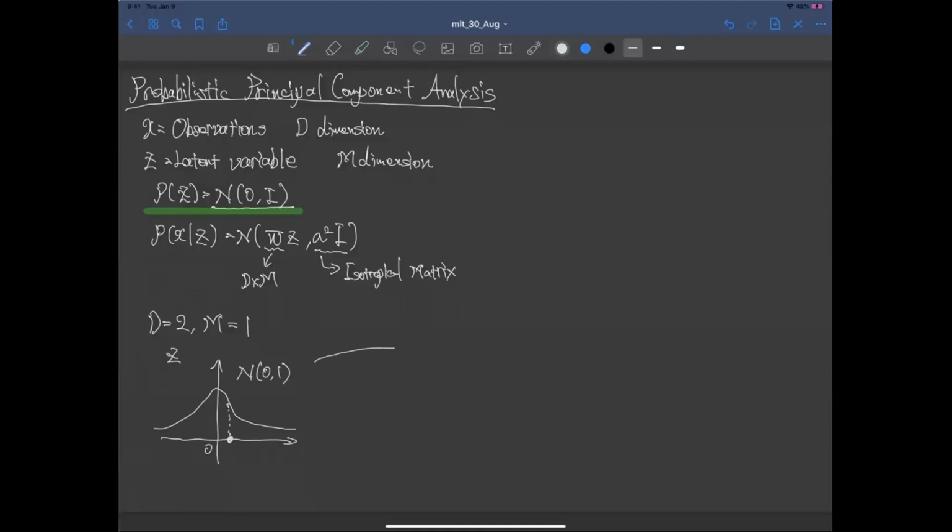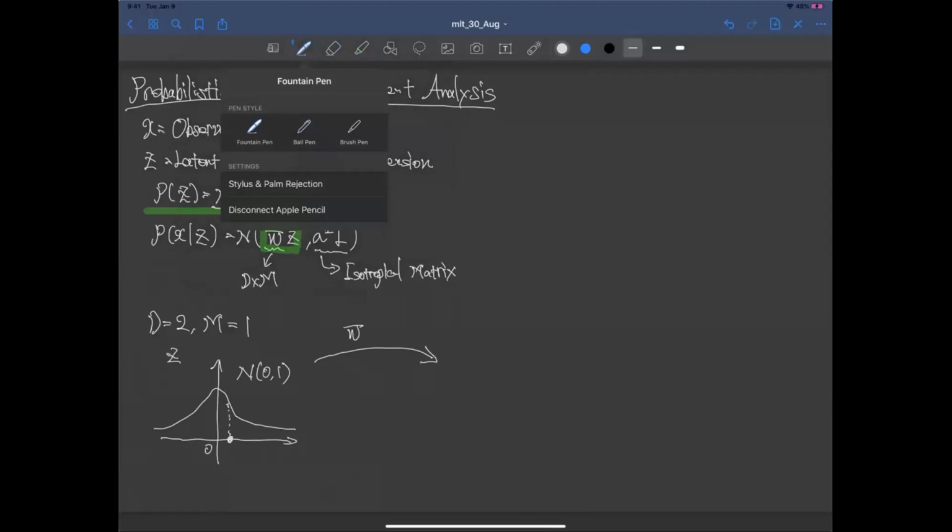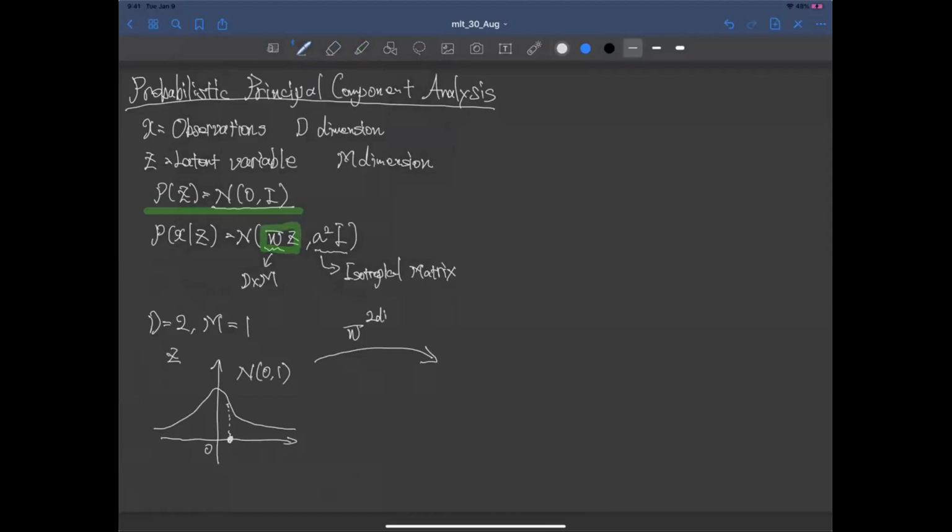Then we apply the linear transformation W. Because D equals 2 and M equals 1, W is a two-dimension vector.